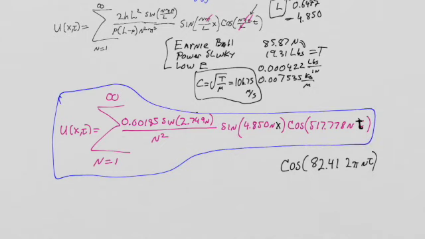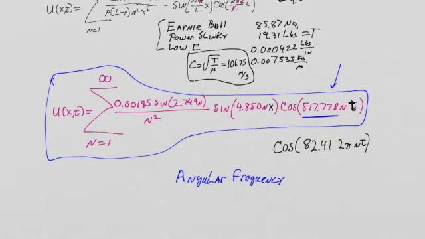Now, the thing that is so critical here to capture is that this term here, this 517 number, is called the angular frequency. The angular frequency is not the frequency you're used to. You're used to the regular frequency. And the regular frequency for the nth solution is the angular frequency, usually given as omega, the Greek letter omega, which looks like a W, divided by 2 pi.